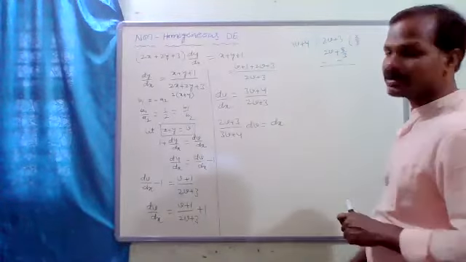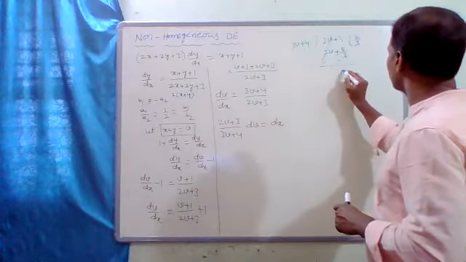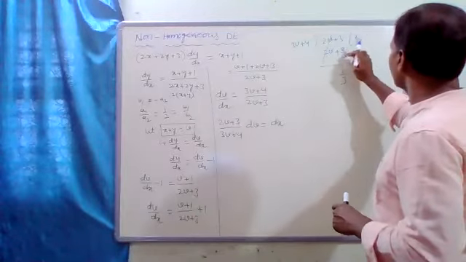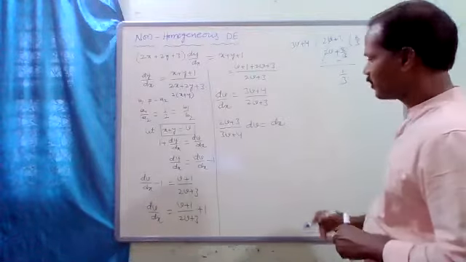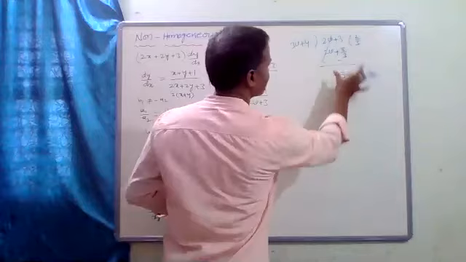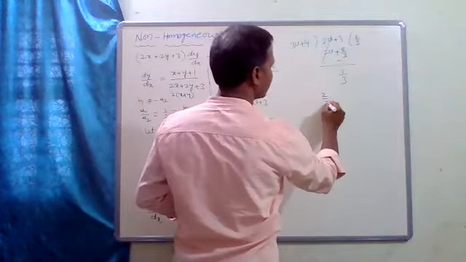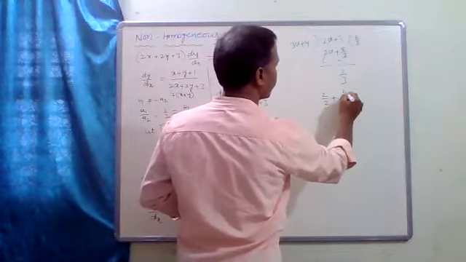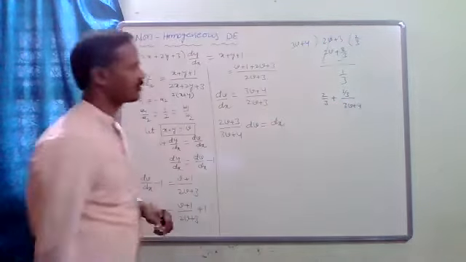So make subtraction. The 2v will be cancelled. 3 minus 8 by 3: 9 minus 8, 1 by 3. Clear? So how can you write this? This can be written as 2 by 3 plus 1 by 3 by 3v plus 4. Clear?